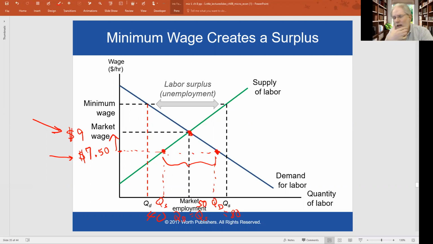So if they're charging $7.50 initially, you got some employers who can't hire as many people as they want, so they have an incentive to try to compete for some of those workers by offering a higher wage. Okay? So somebody starts offering $7.60 because they're trying to compete workers away from other firms that are offering less.